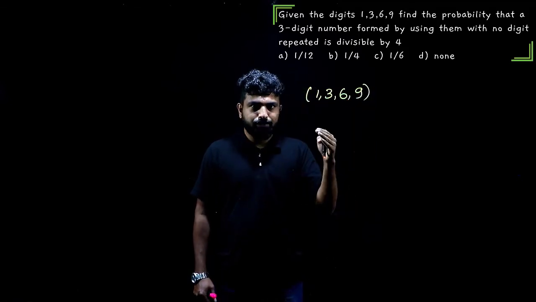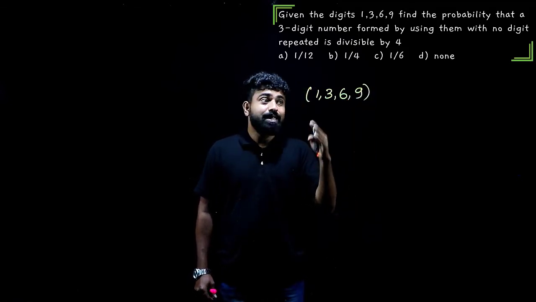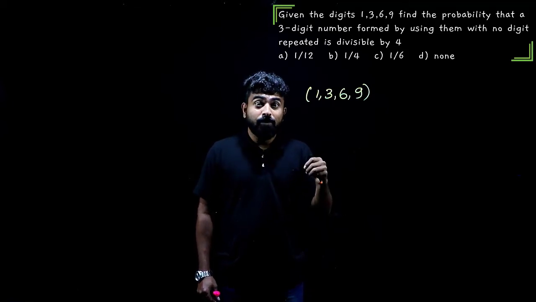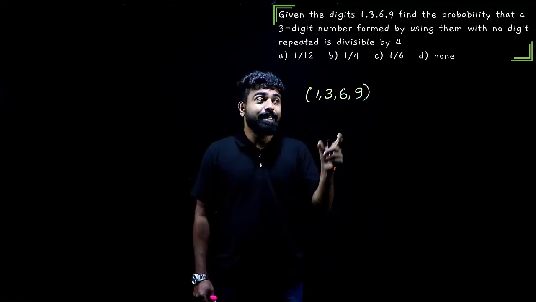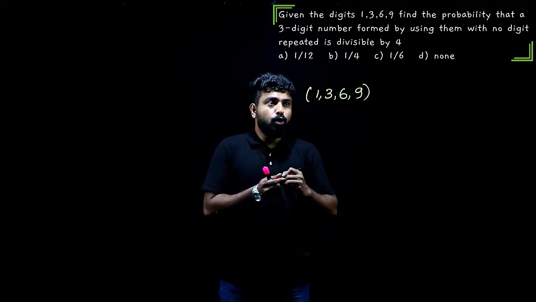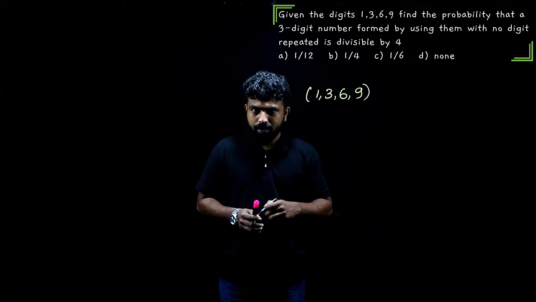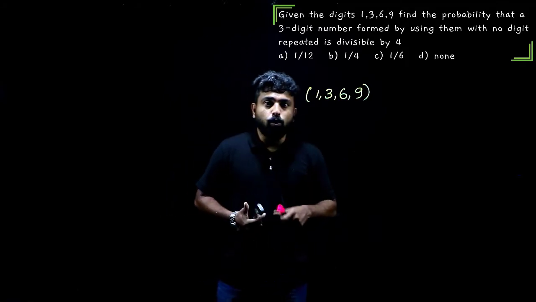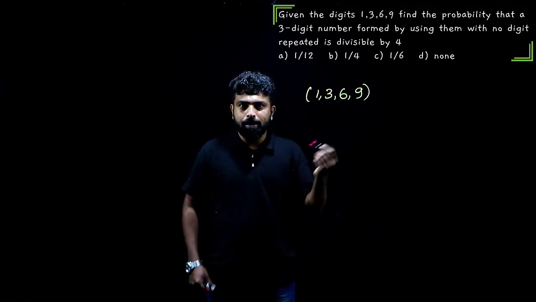Using these digits we need to form 3-digit numbers, and we need to find the probability that these 3-digit numbers are divisible by 4. So how do we do that? How do we go about the problem? First, let us understand what probability is, or the formula of probability.